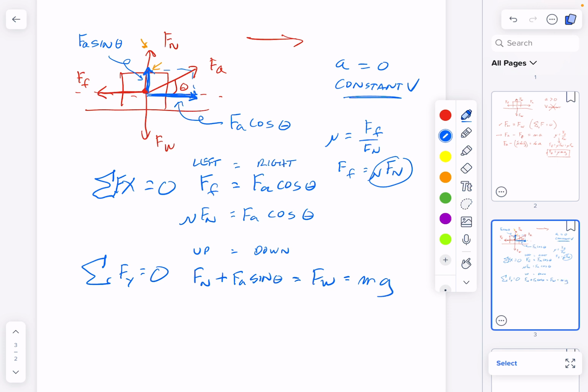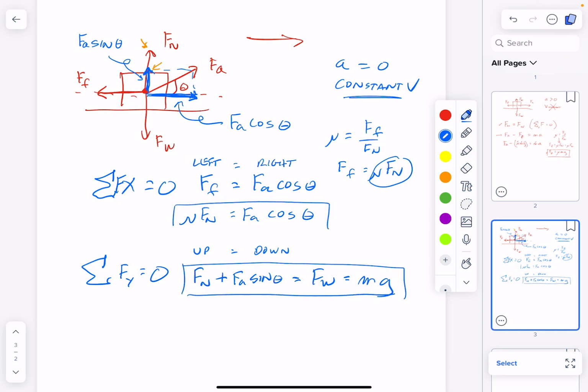And now you see we have this equation right here, and we have this equation right here. They both have the normal force in there. Or if we wanted to, we could solve for everything in terms of the force of friction, where the force of friction is mu times normal force, so normal force would be F sub F over mu.